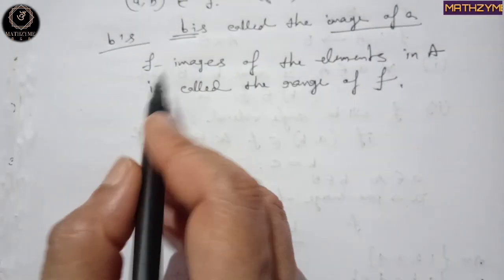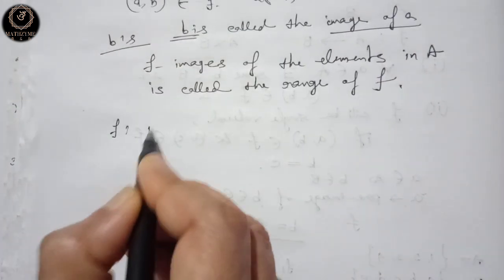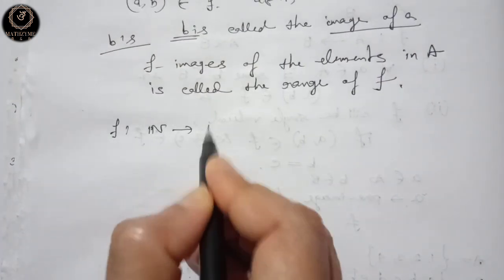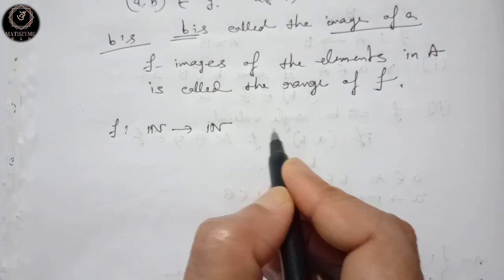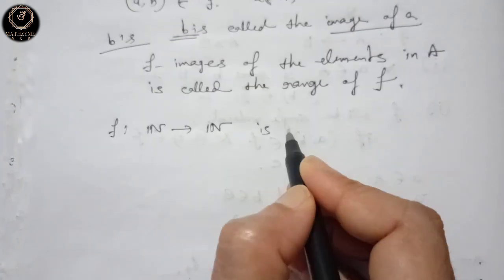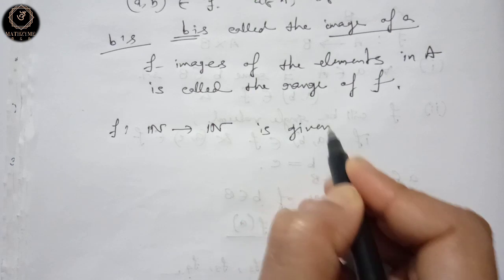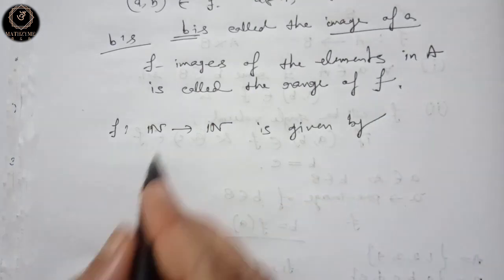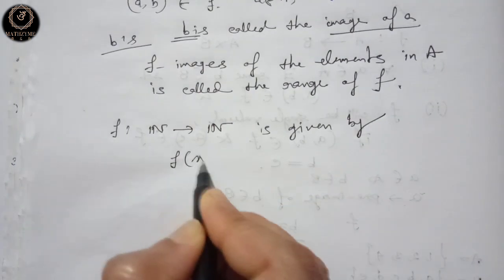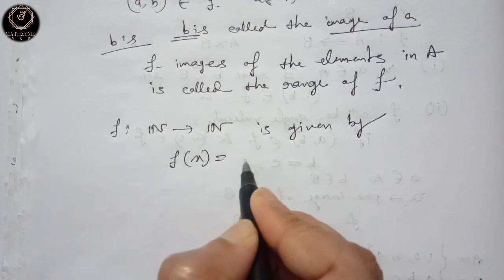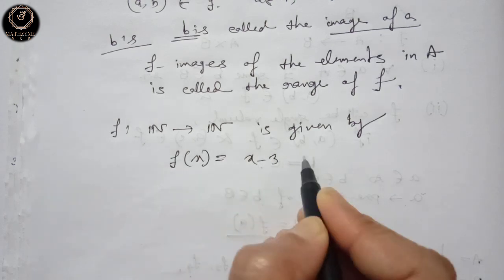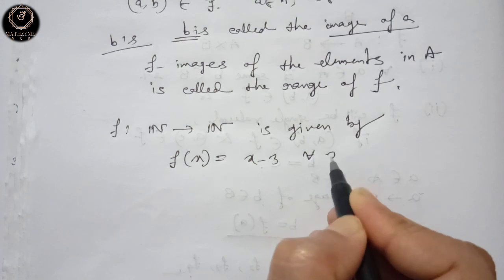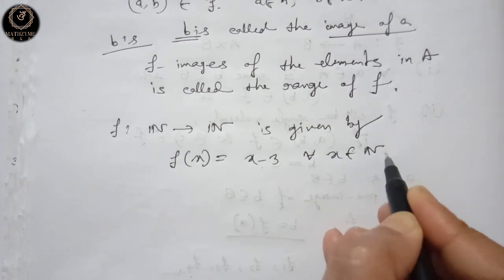Let us take an example to clarify this. f from natural numbers into the natural set is given by f(x) equals x minus 3 for all x belongs to natural.